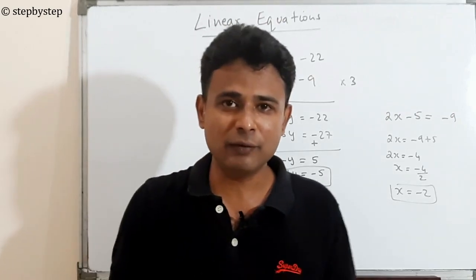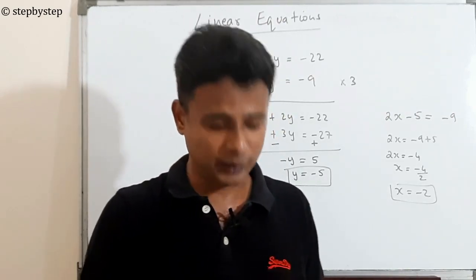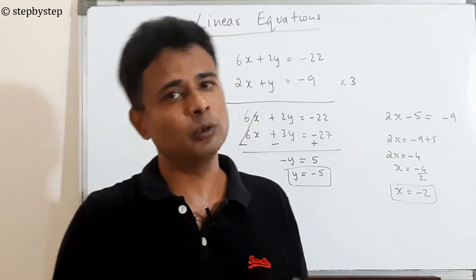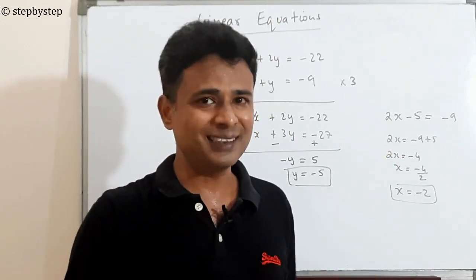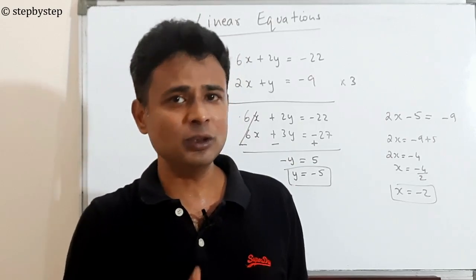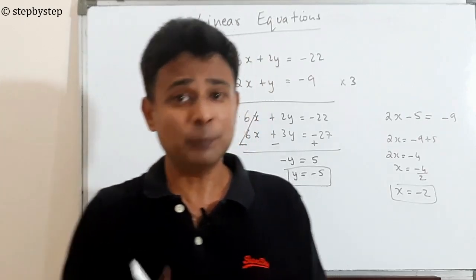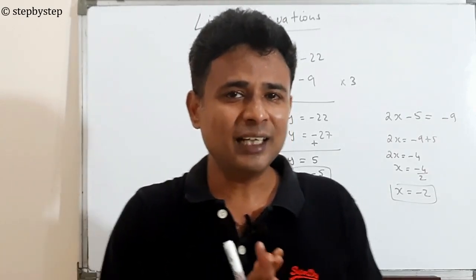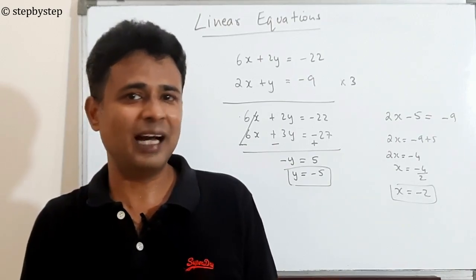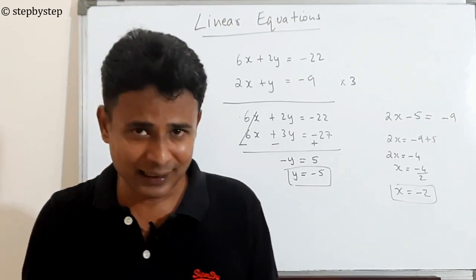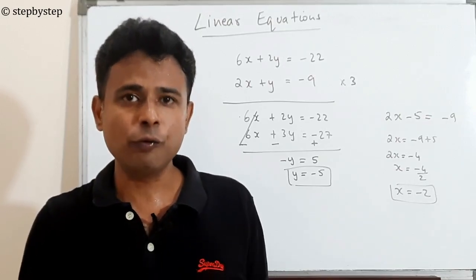Guys, this is my favorite way of solving pair of linear equations in two variables. But it's up to you. Substitution method is also easy. So is this. Very few people use the next method that we'll be discussing, that is cross multiplication method. Generally, especially for CBSE students, they generally don't tell you which method to use. It's very rare, but don't take a risk. Make sure that you learn all 4 methods.